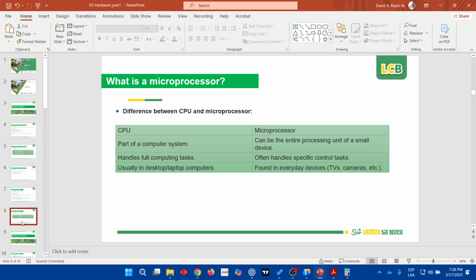Those are specific tasks, and the smartwatch cannot do activities like the computer does. So that is the difference. A CPU is a huge system, and a microprocessor is made just for a specific task.